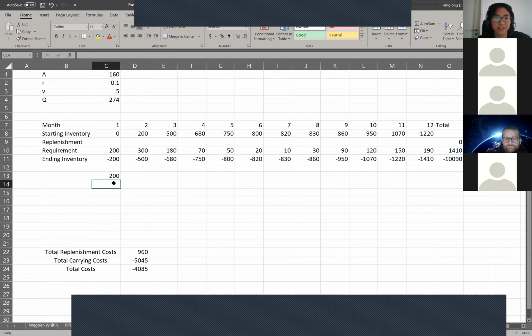abandon this one, and that means we are only gonna satisfy the first demand in our first month, because of the reason that I stated. And then we move on to the second month. The first cumulative demand is 300, and the second one is 300 plus the next number.